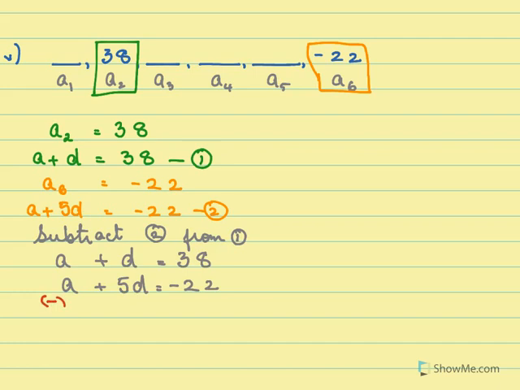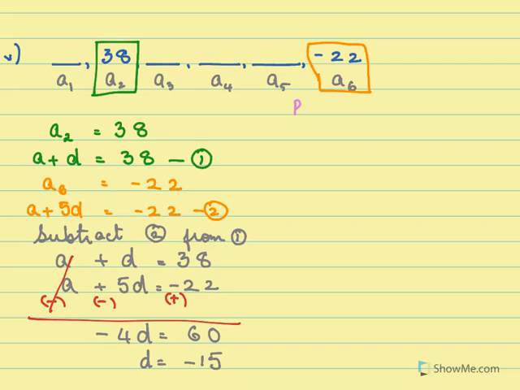In order to subtract the equations, we need to change our signs. This cancels out, and here we will have minus 4D equal to 60. So D will be minus 15. Now we know D, we will find A. Now to find A, we will put it in one of the equations.